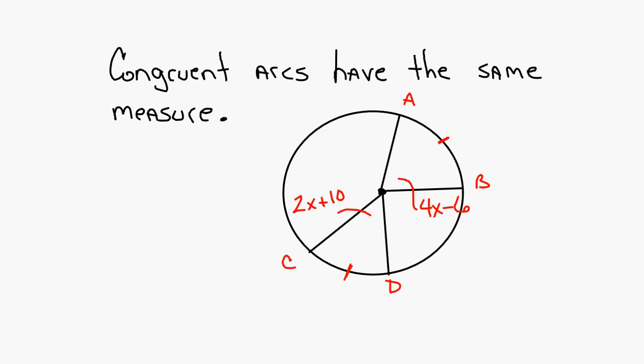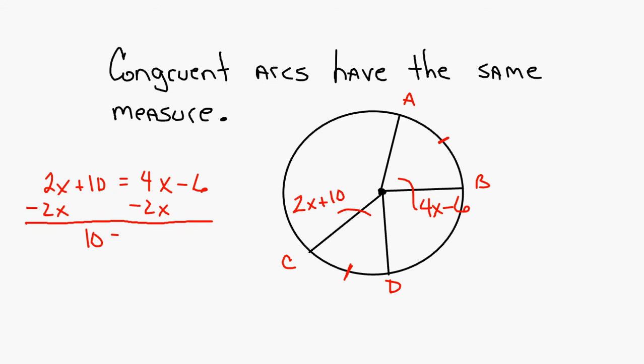All right, I'm not going to finish that. I'll finish it. Do 2x plus 10 equals 4x minus 6. I just made it up, so we'll be able to find some kind of number here. Subtract 2x from each side. So 10 equals 2x minus 6. 16 equals 2x.